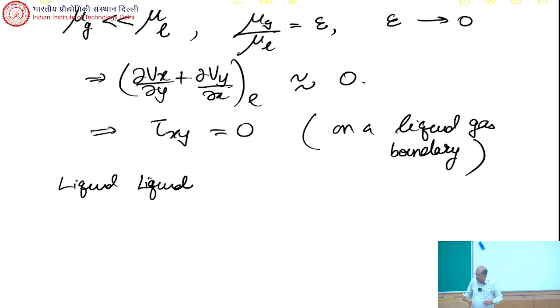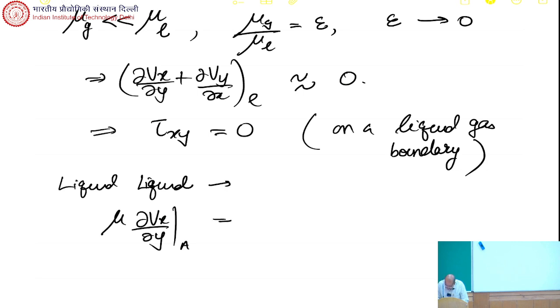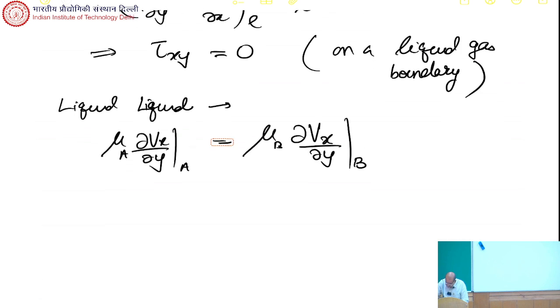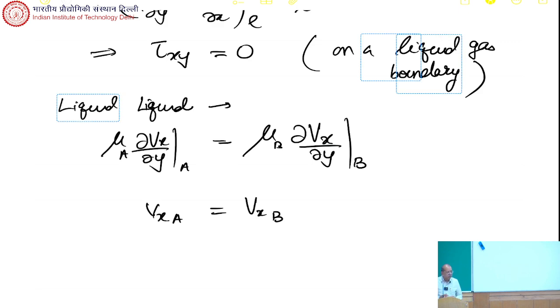So when we analyze this, what you will get is partial Vx by partial y on A is equal to... Suppose there is only Vx. So that means also we have Vx at A is equal to Vx at B.